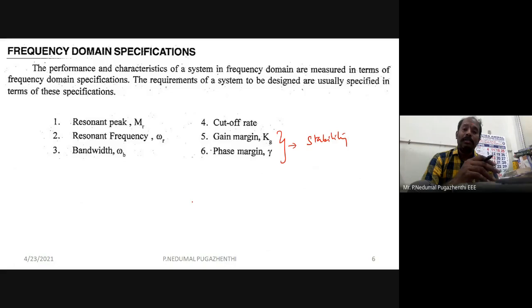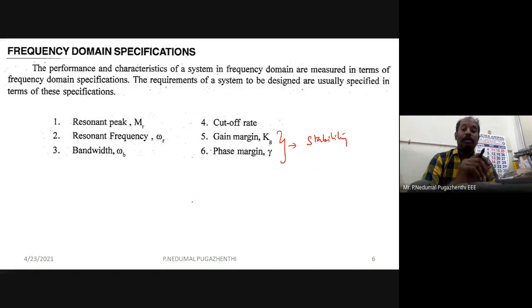If you want, you should know the maximum frequency you can vary, which can be obtained using bandwidth and cutoff rate. Your bandwidth has to be very large to maintain a very fast response. And in time domain, your time constant decides the speed of response.